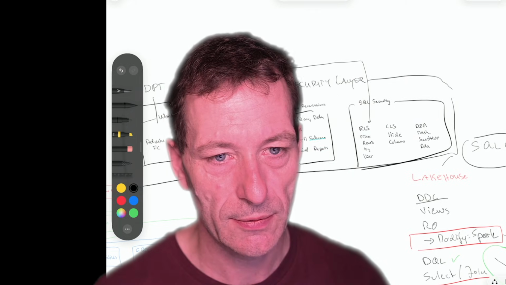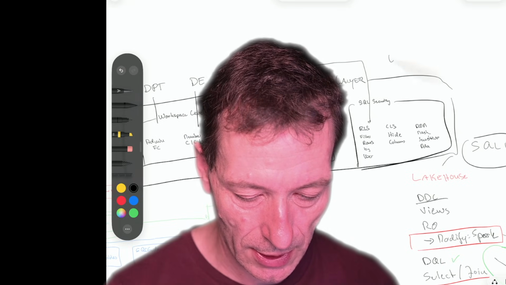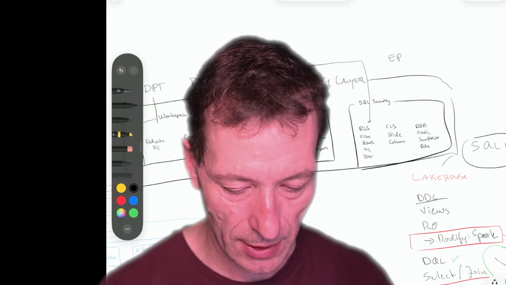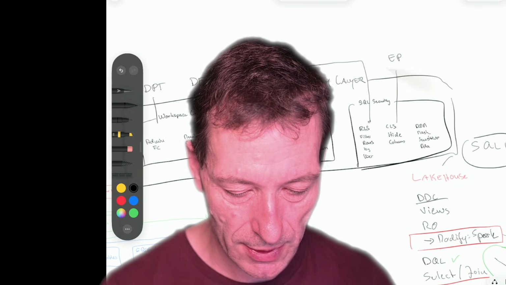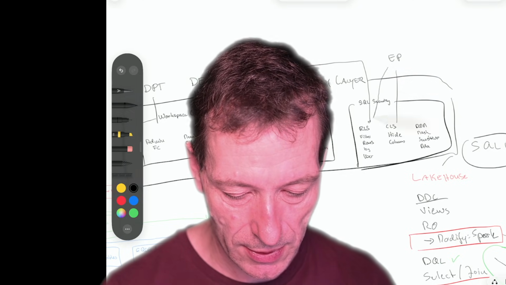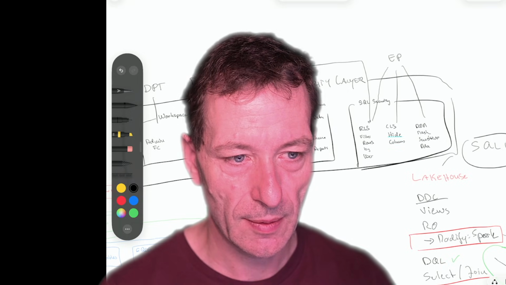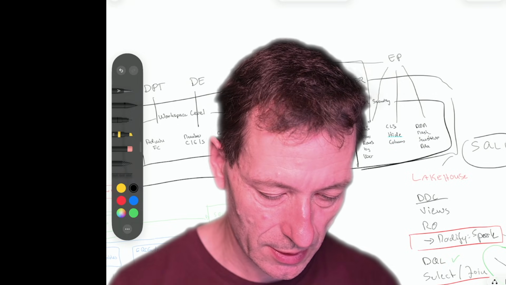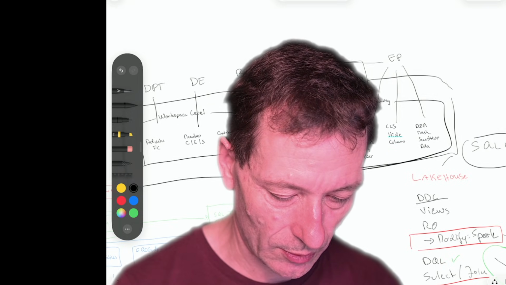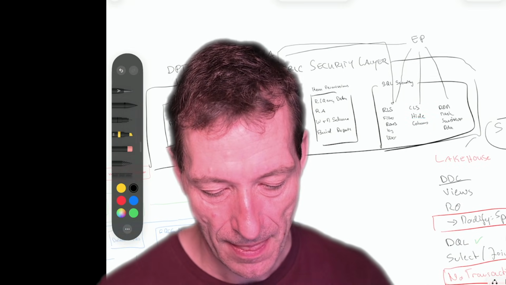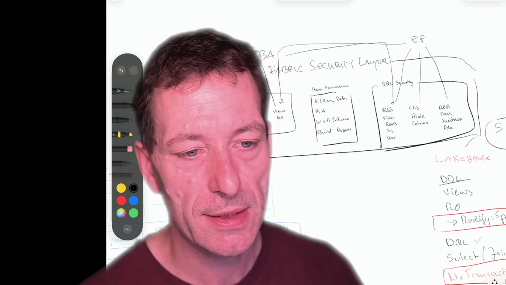So the data is filtered. And when we talk about external partners, well, it depends. They might have column level security applied, row level security applied, dynamic data masking applied, and they might have some permissions still in your Fabric workspace, like the viewer role, right, to get the data. So this is the basic security model.